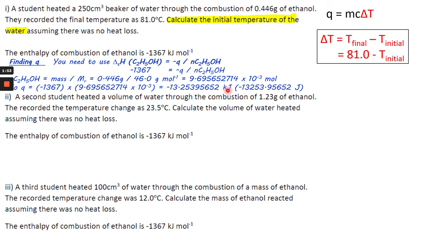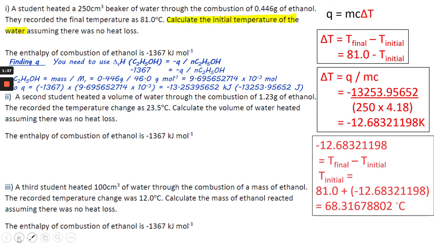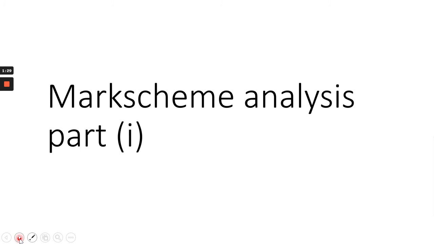It's in kilojoules, but if you remember from the previous screen, it has to be in joules, so you multiply that by 1000. So now ΔT is Q over mc, and that gives you minus 12.68321198, and then finally you can work out the initial temperature by rearrangement, and it gives you 68.32.